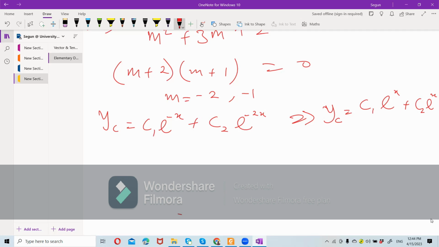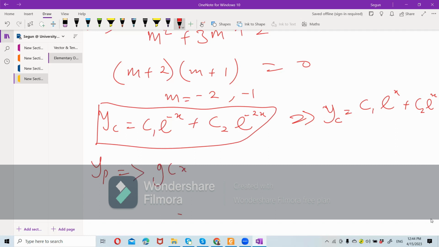So this is what it means. So our y particular in this case, since our coefficient is minus 2, minus 1, so we have it this way. Now, for y particular in this case, you can't stay there. We said it's equals to g of x, which is equal to 5. And we know yp in this case is A. So all you need to do is just to calculate. Now, let's now differentiate.